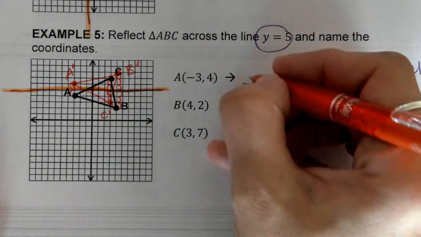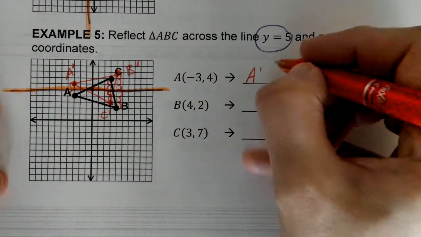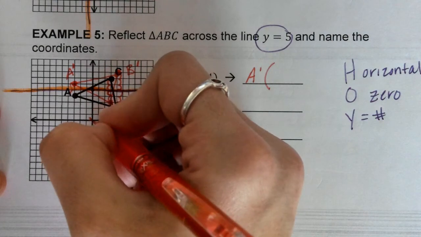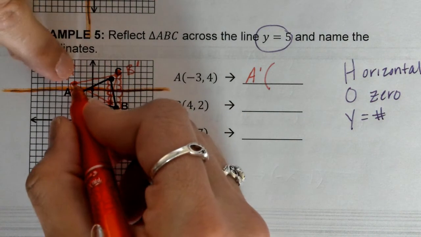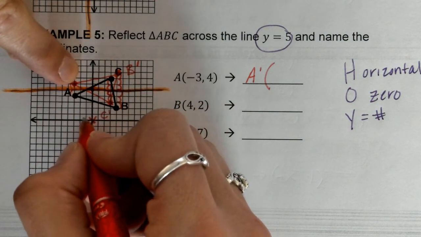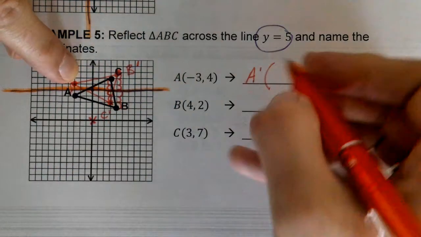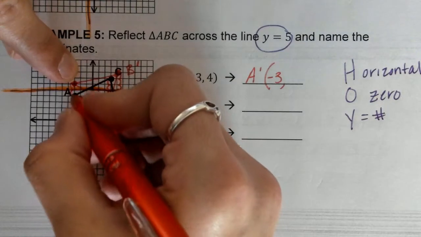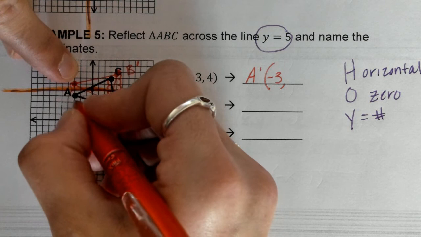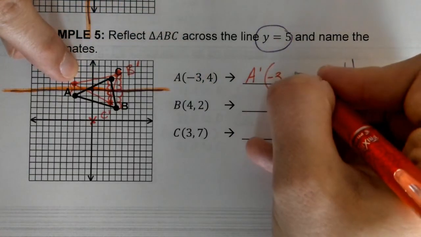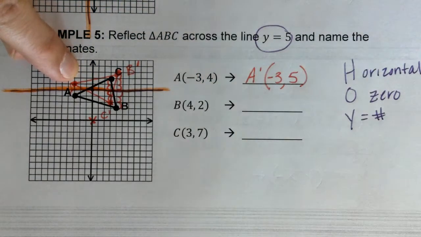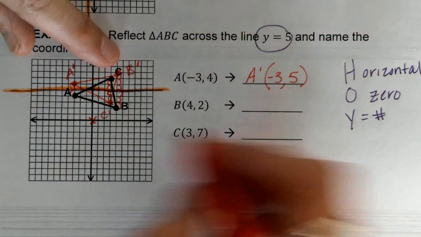Now it's harder to see this way when they overlap, but now we need to come up with our coordinates. A prime. Again, always start here at the origin. A prime right here, we're going to be at negative 3, positive 5. There's something in common with all of these that I'll talk to you about in a moment.